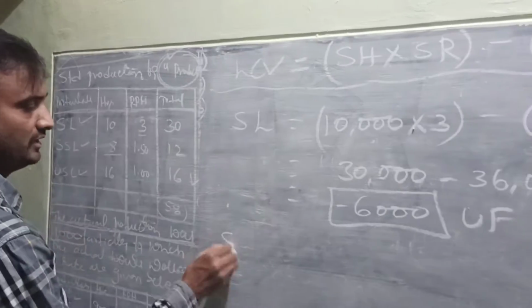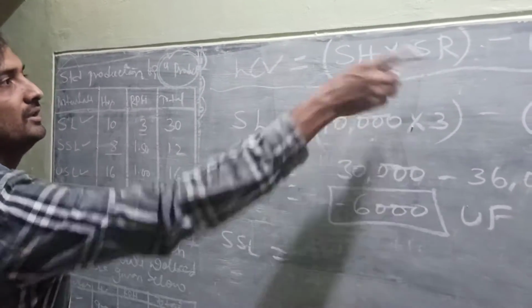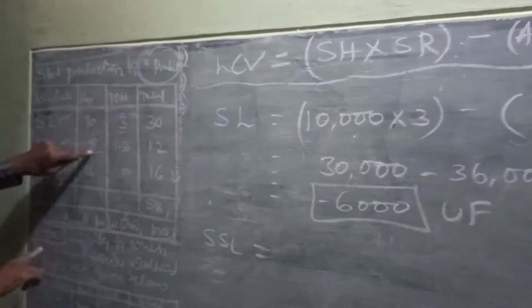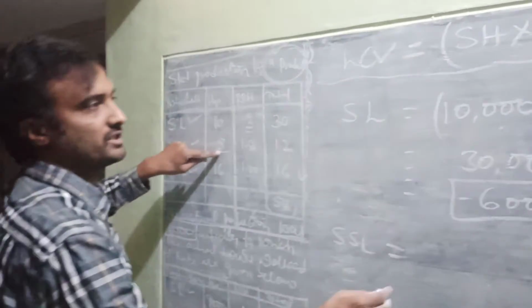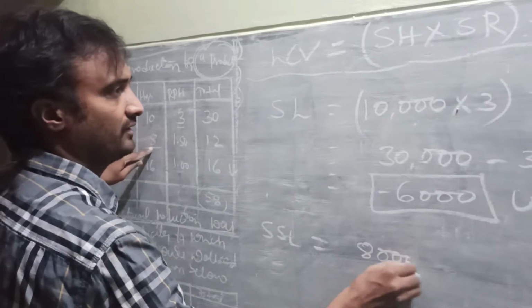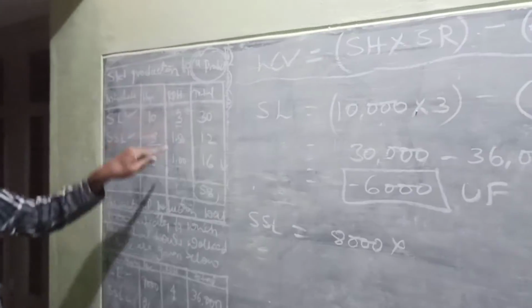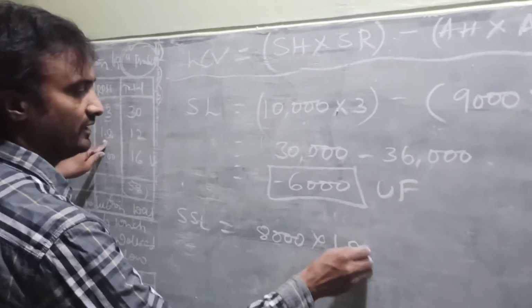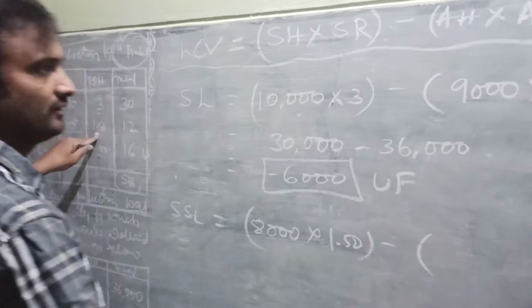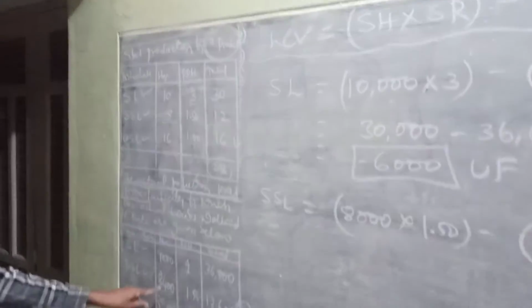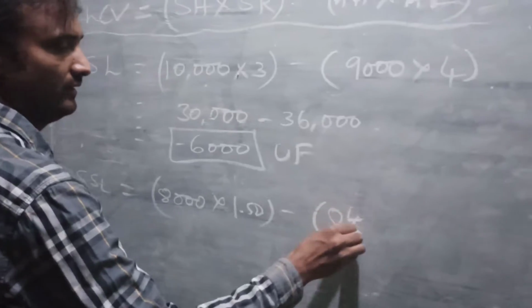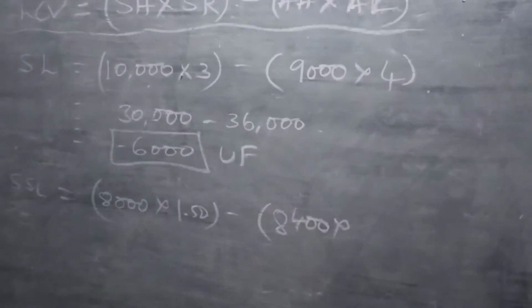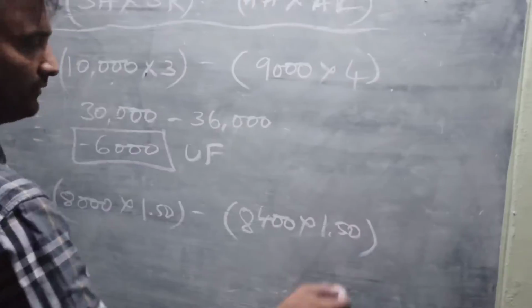Next one, semi-skilled laborer. Standard hour is 8 into 1000, revised standard hours 8,000 hours, into rate per hour 1 rupee 50 paisa, minus actual hours 8,400 into rate per hour 1 rupee 50 paisa.